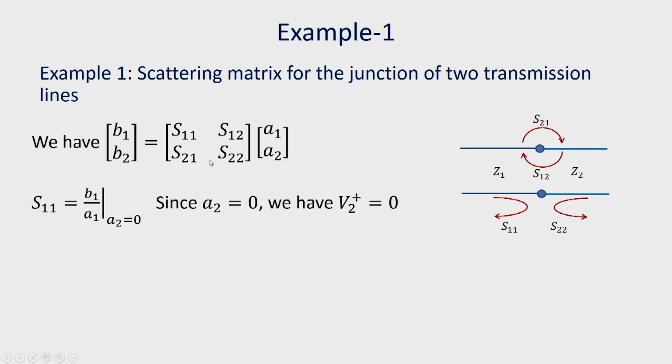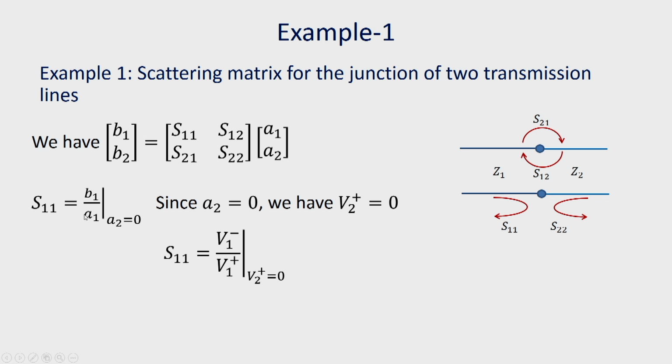And from this matrix relation, we see that S11 is essentially B1 by A1 when A2 equal to 0. Now, we have defined A2 to be V2 plus divided by root Z0 2, or here it is Z2. So, when A2 equal to 0, it means V2 plus is equal to 0.